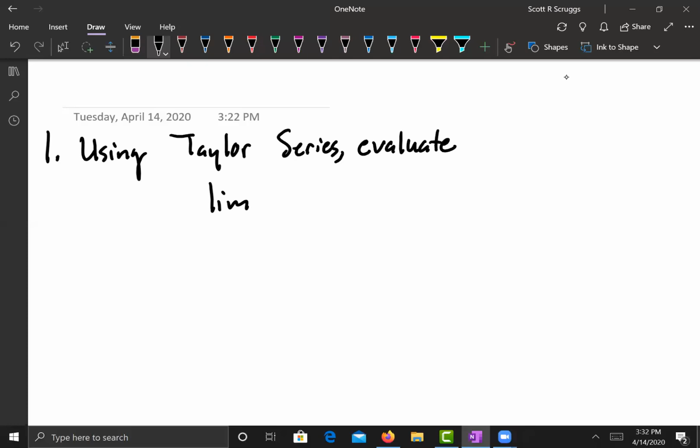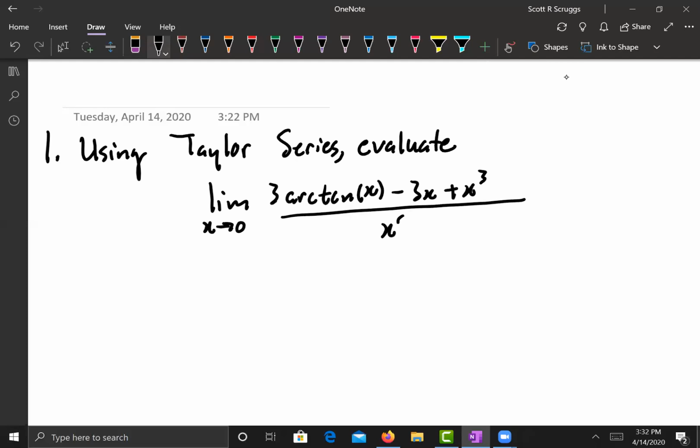Let's pick a good one. Oh, well, that one doesn't look too bad. Of 3 times arctan of x minus 3x plus x cubed over x to the 5th.